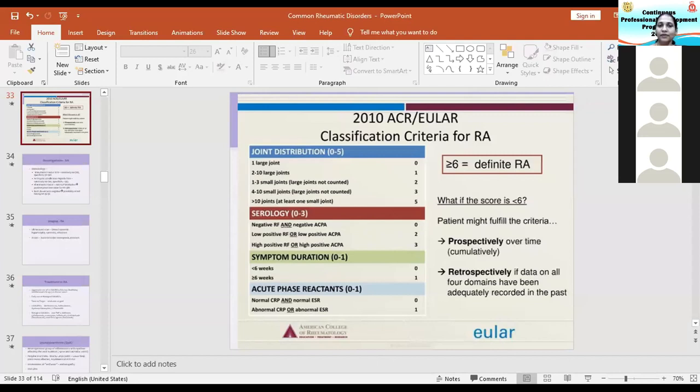High positive carries 3 marks, low positive carries 2 marks. So what is the high positive? High positive is considered more than 3 times the upper limit of normal for that lab. That's why it's important to ask for the titer. If the titer is more than 3 times the upper limit of the normal, then it is taken as a high positive titer.